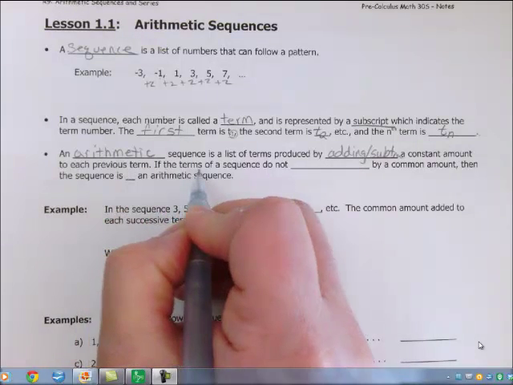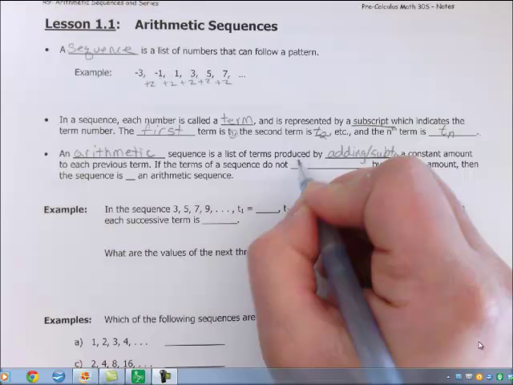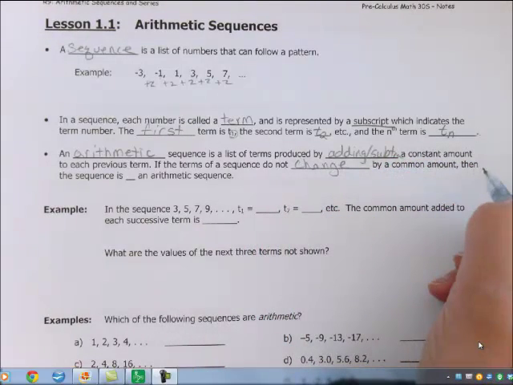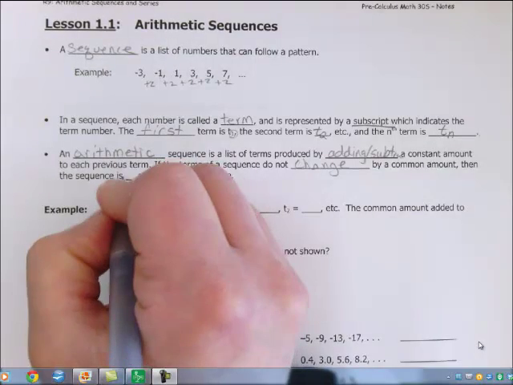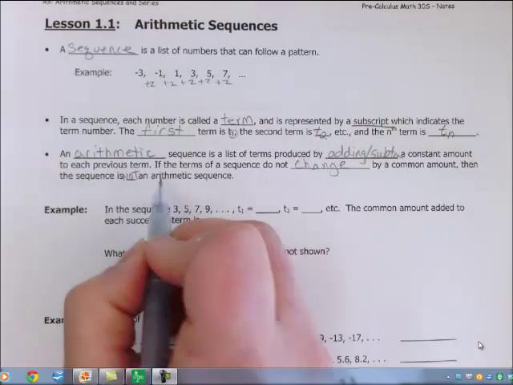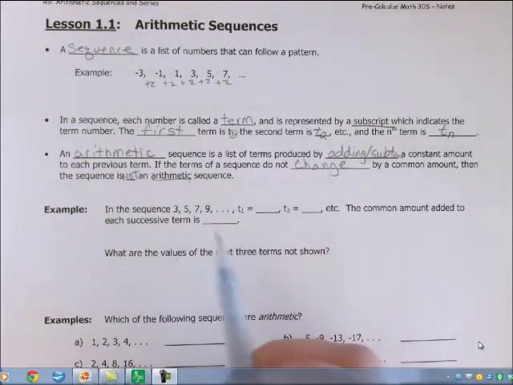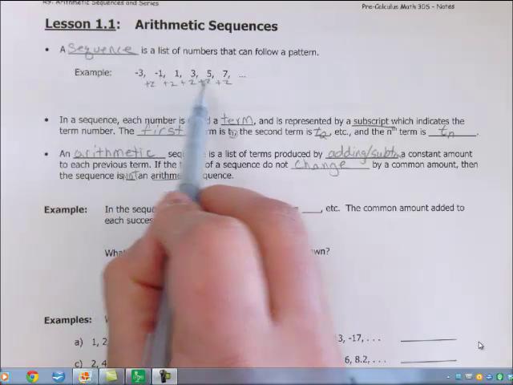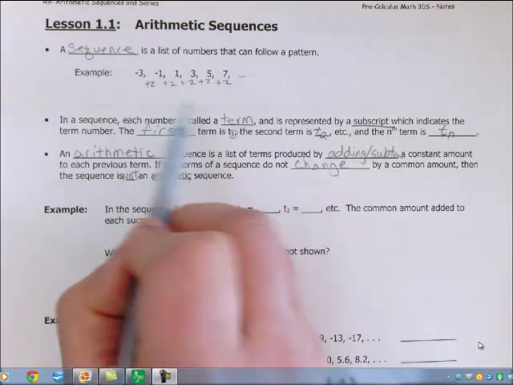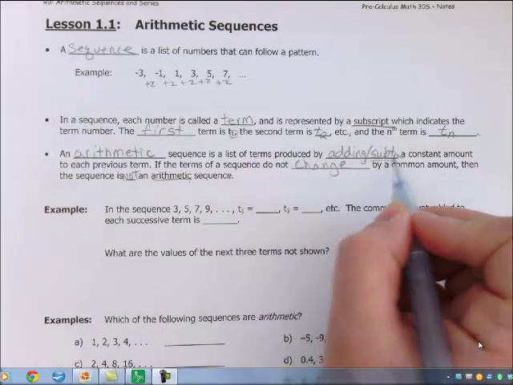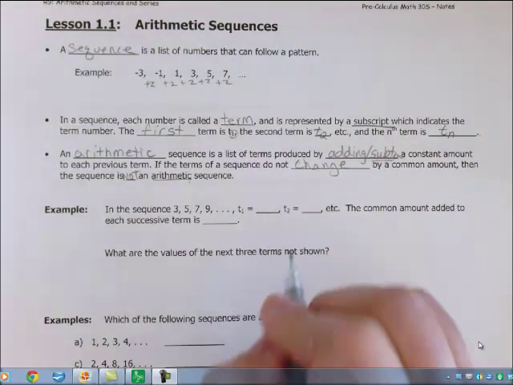If the terms of a sequence do not change by a common amount, then the sequence is not an arithmetic sequence. So it's really specific to each term going up by the same number each time. It can also go down by the same number each time. That's why right here I say subtracting as well.